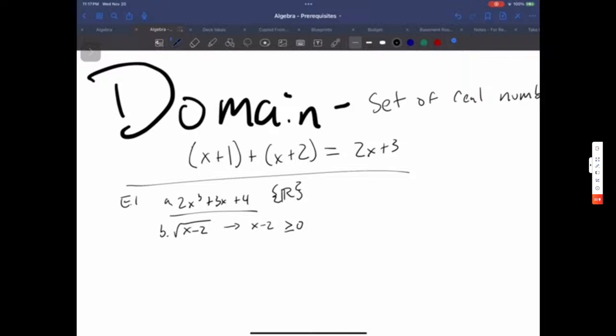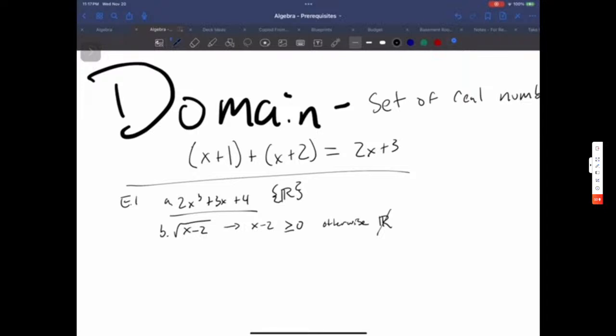Otherwise, the result is not a real number. That's why I didn't put the set notation. So if it doesn't result in a real number, then it restricts the domain of that expression.